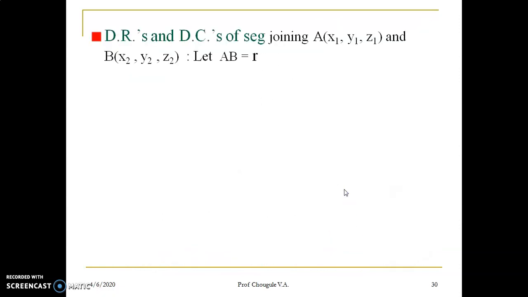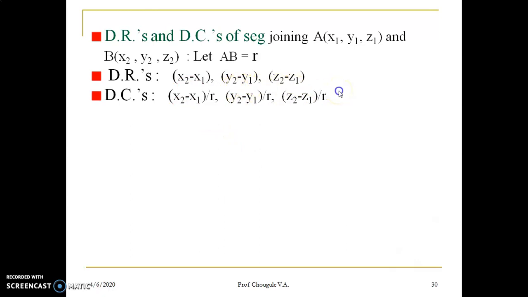Next, the direction ratios of the segment joining 2 points A and B are given by x2 minus x1, y2 minus y1, z2 minus z1. Direction cosines are given by dividing by r, that is the length.